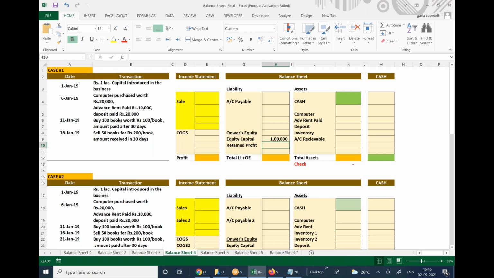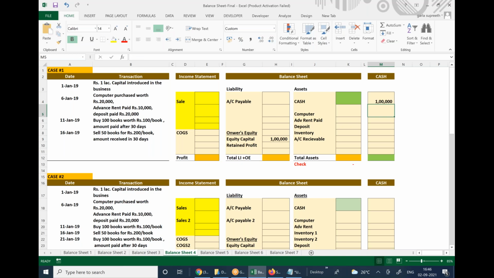What else should I do? Excellent. Cash. Obviously, it has come to mind, but right now I cannot touch this cash. I will say in the bank I have received 1 lakh, so it will be plus.